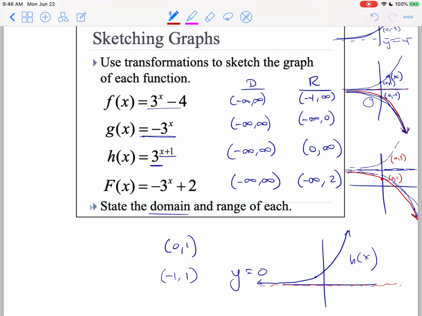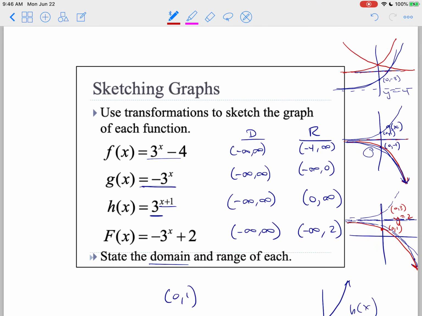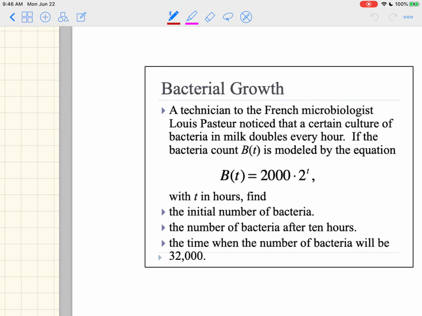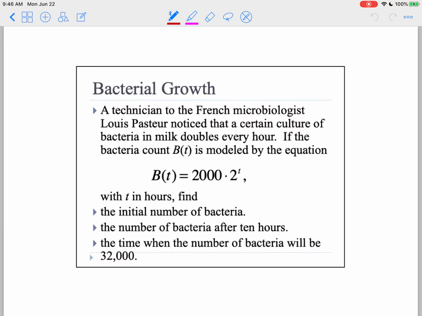And it's growth down, where y equals 2 is the horizontal asymptote. Okay, I hope that all makes sense. If it doesn't, you can rewatch this. But again, I'm not that concerned about very accurate graphs of exponentials. I'm more concerned about the application, which we'll talk about in the next video.